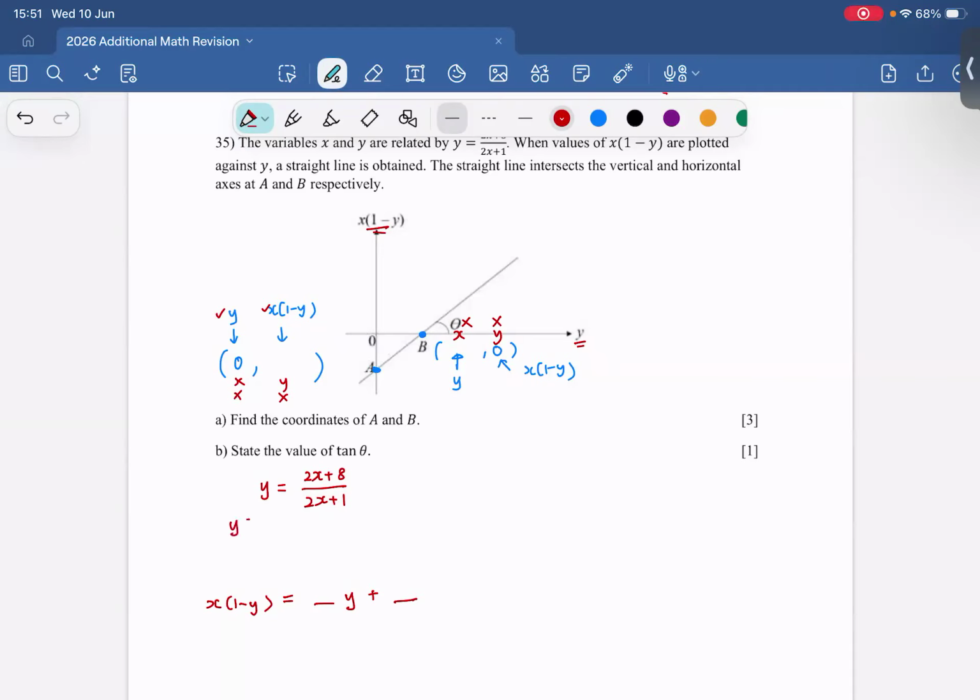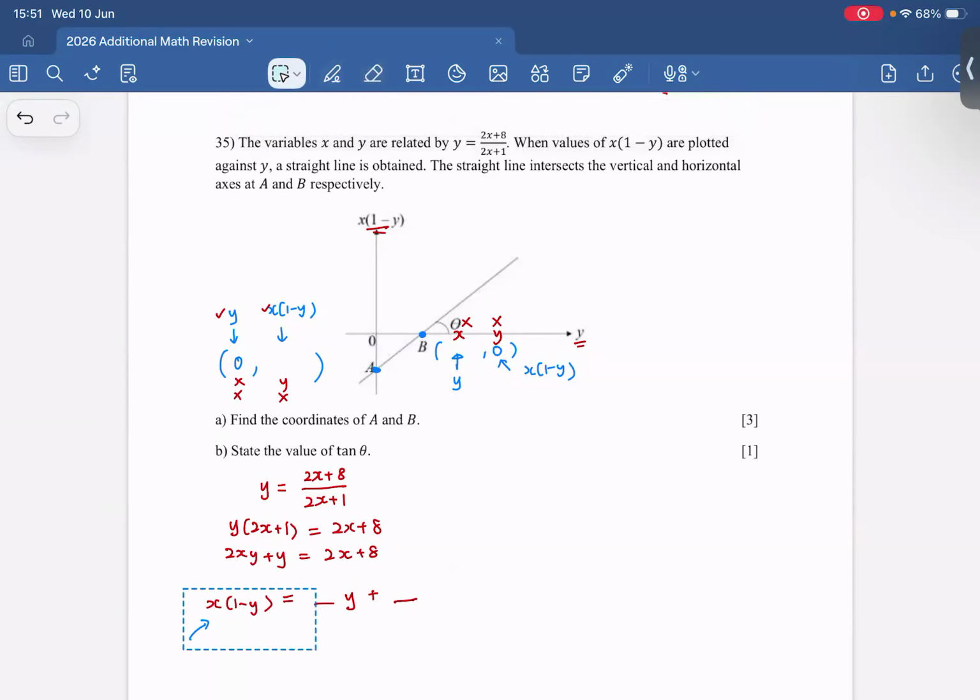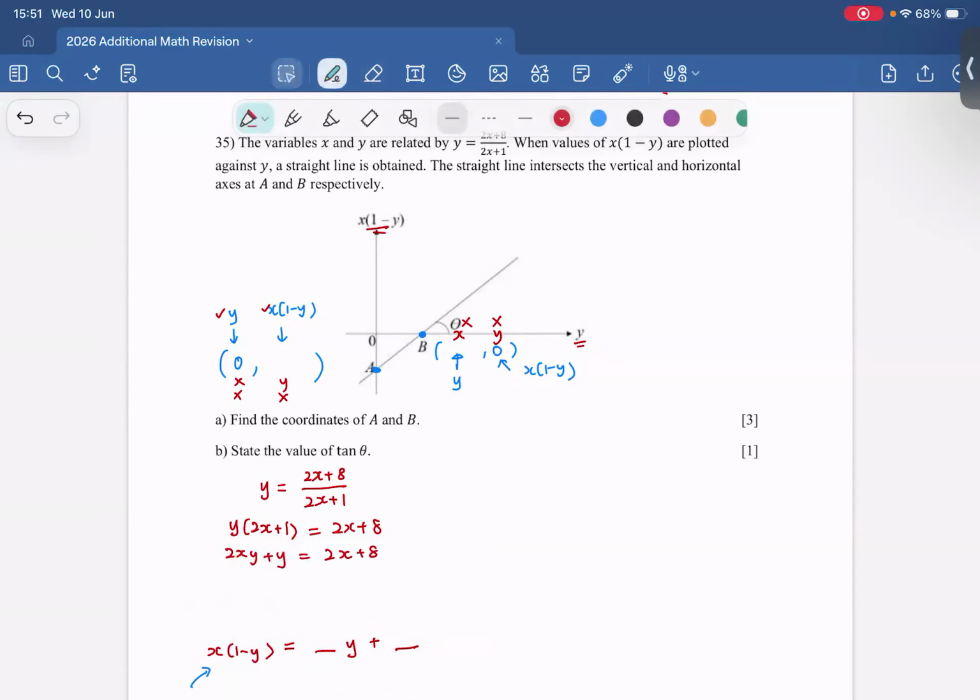First thing, you cross multiply. So you can see the x are all on this side. So you should expand and bring all the x there. So the x put here, the x bring here, then the y bring here, the 8 put here. So you can see we are getting closer.